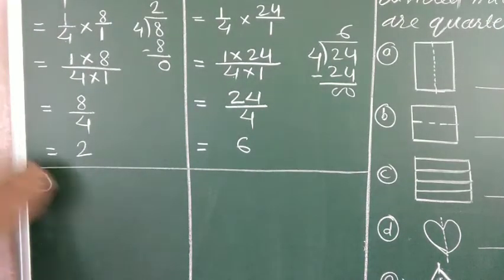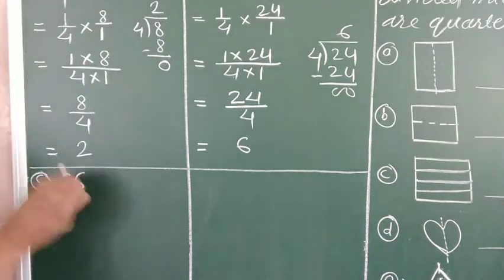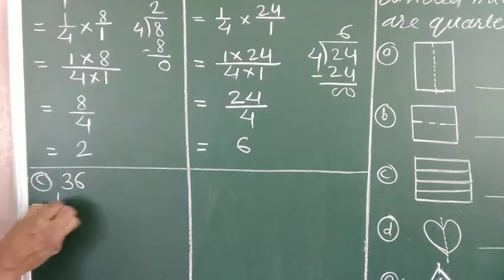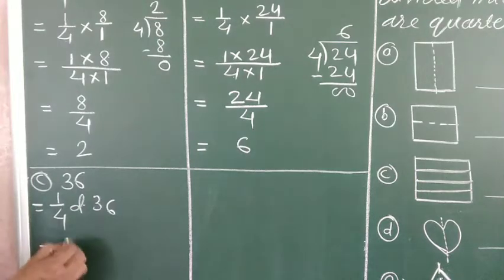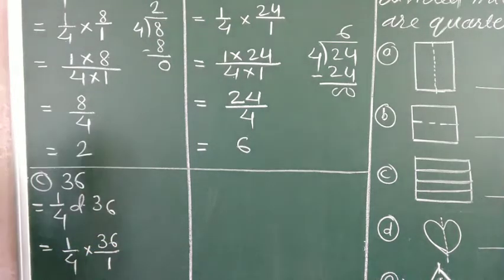Now number C example. It is 36. Now we have to find out the quarter of 36. Same way, 1 by 4 of 36. Here 1 by 4 into 36 by 1.